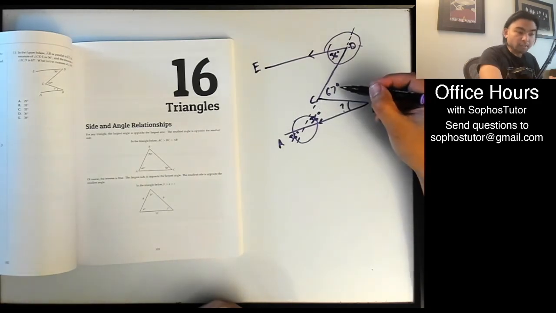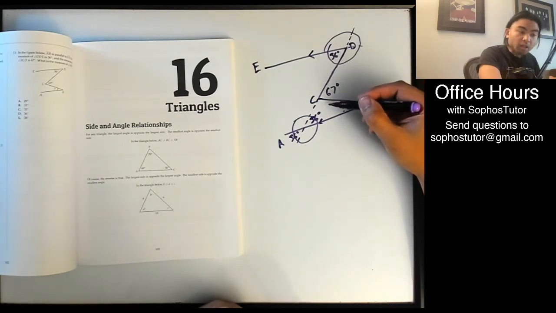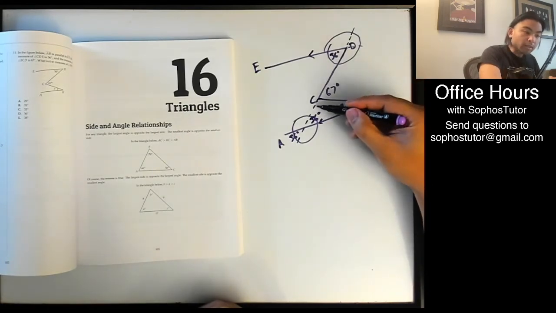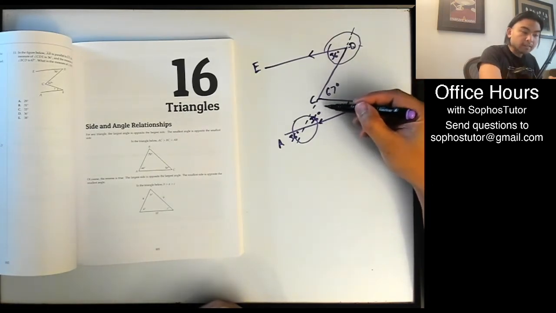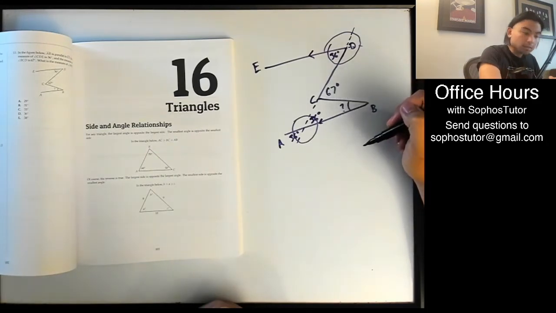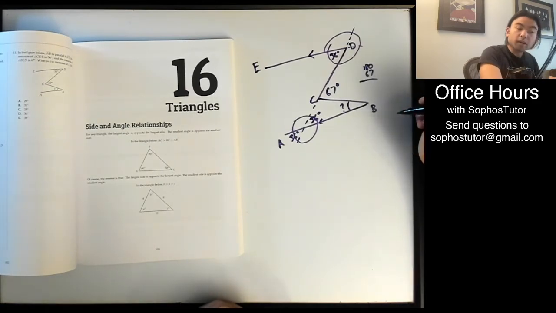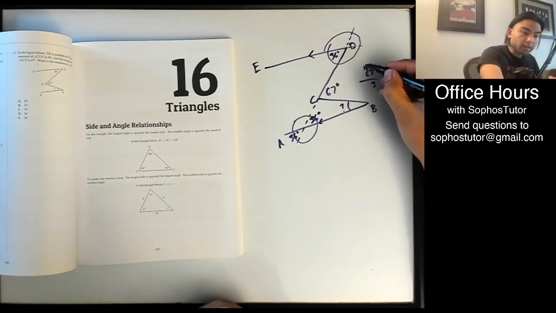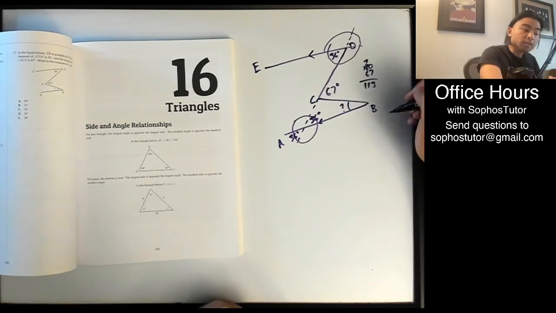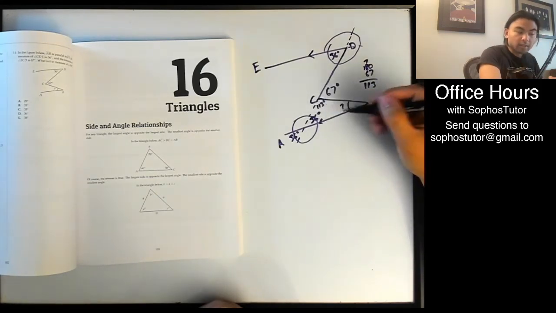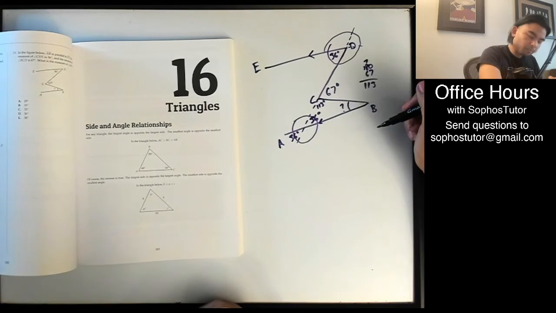Well, it is adjacent to this 67-degree angle and forms a linear pair with it. So we expect this angle C to be supplementary to 67 degrees. So we'll subtract 67 from 180. And what will we get? We should get 113 degrees. So we expect this angle inside here to be 113 degrees.